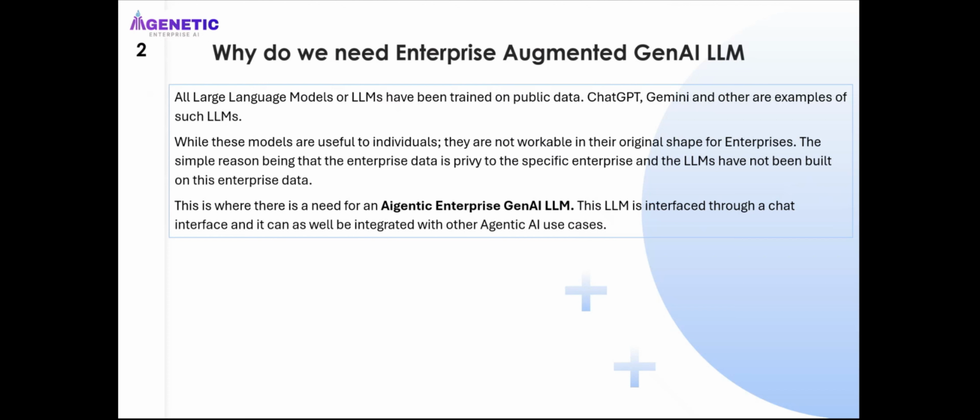This is where there is a need for an Aigentic Enterprise GenAI LLM. This LLM, or augmented LLM, is interfaced through a chat interface, and it can as well be integrated with other Aigentic use cases. We'll look at that a little later.